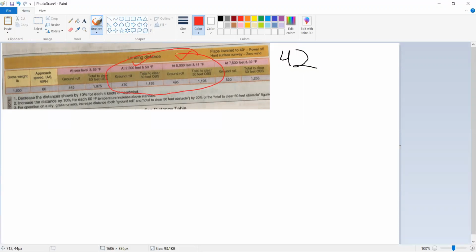So the pressure altitude, note that this altitude lies between 2,500 and 5,000. We got that. Halfway between these two distances is 1,135, right? And the total distance of that 5,000 is 1,195. We see that.